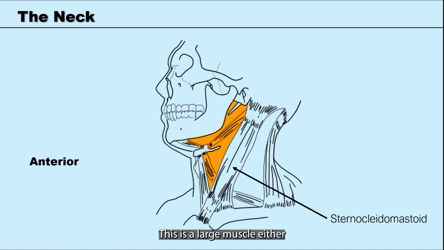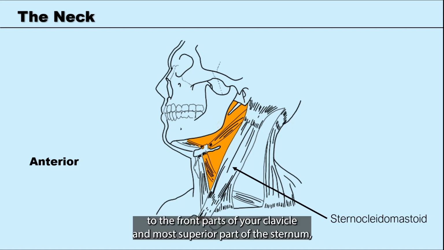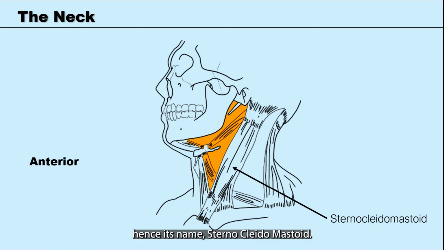This is a large muscle running either side of your neck, from the mastoid process of your temporal bone to the front part of your clavicle and most superior part of the sternum, hence its name, sternocleidomastoid. The superior border of the anterior triangle is the inferior border of the mandible.